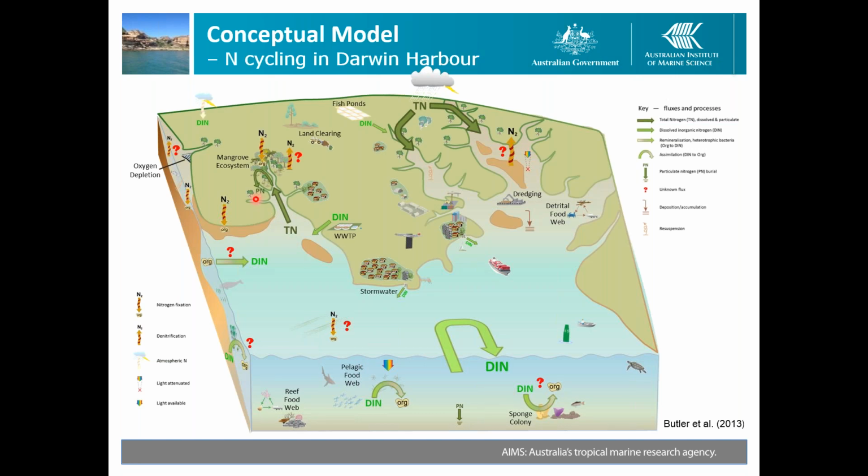And of course, with most of the harbour fringed by mangroves, this ecosystem is crucial in processing nitrogen and other nutrients. An arrow with a question mark denotes a process that is unquantified. In the next slide, we're going to explore some of these gaps.